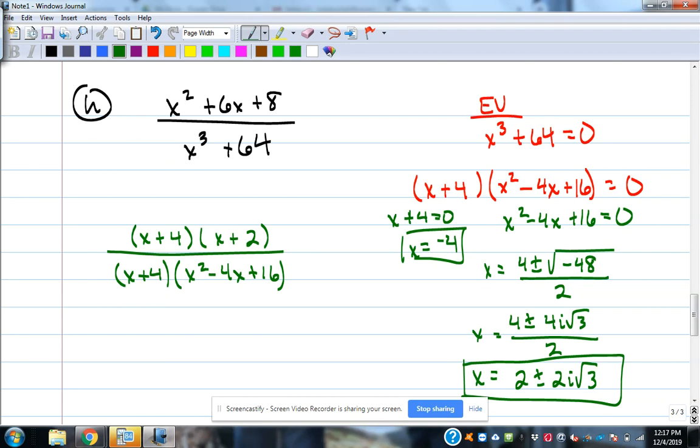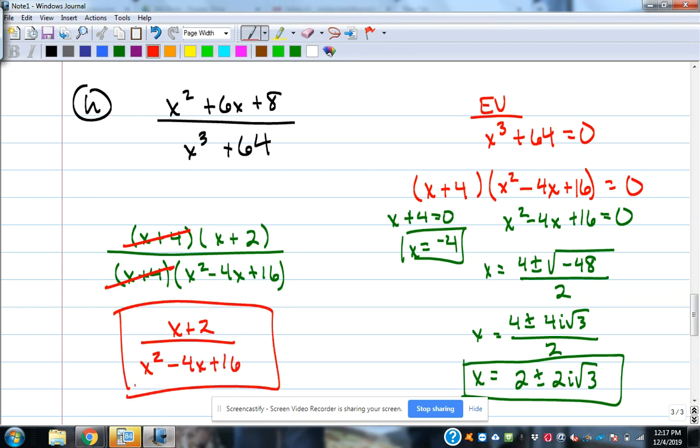That'd be 4 and 2. And then what cancels? Those two. And we're left with that thing. Factoring is the name of the game here, guys.